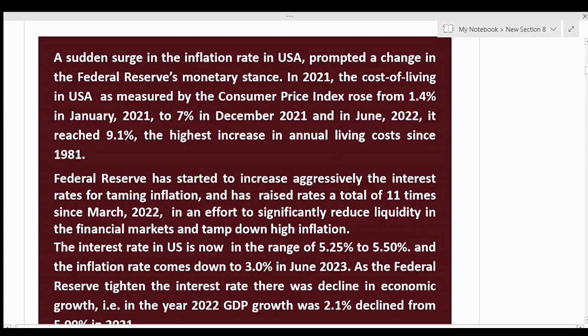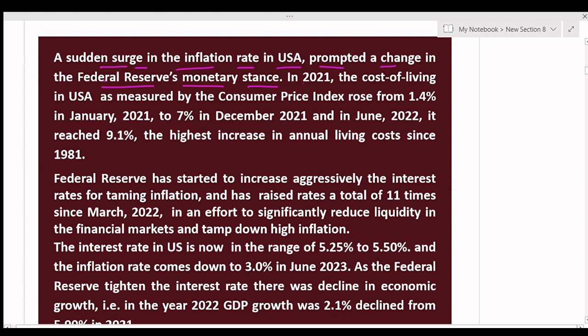A sudden surge in inflation rate in the USA prompted a change of Federal Reserve monetary stance. The status of the Federal Reserve is central bank.